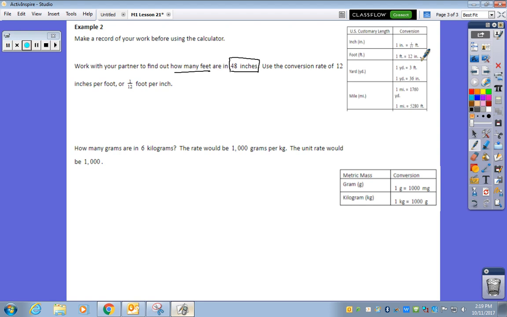Seeing that they gave me 12 inches per foot, I'm going to write a fraction with those two units. So I would do 1 foot over 12 inches. I'm going to set that up equal to another fraction where my numerator is feet and my denominator is inches. Again, I want to make sure my units line up.